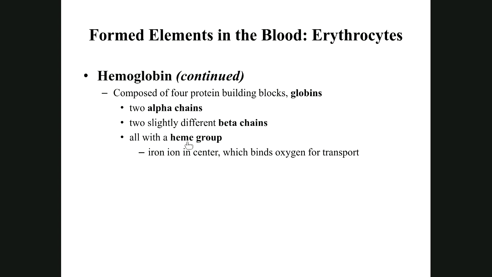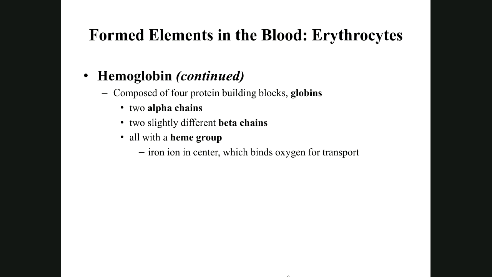Now, what happens when you bind oxygen to iron? Iron oxide is rust. What color is our blood? It's kind of rusty, right? And so this is really what's going to help give it that coloration. Binding oxygen to iron produces that deep red coloration.